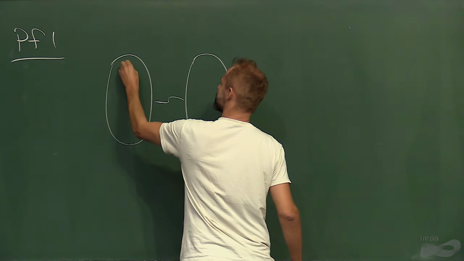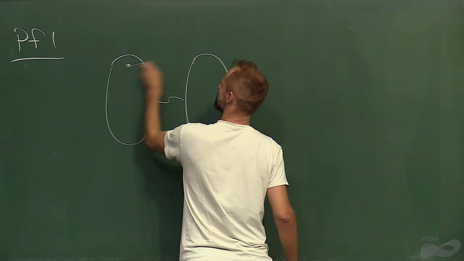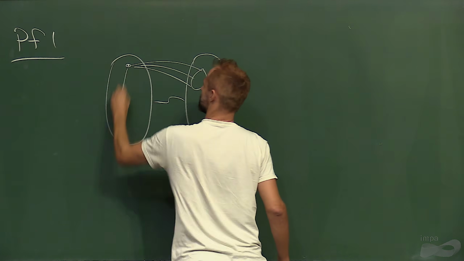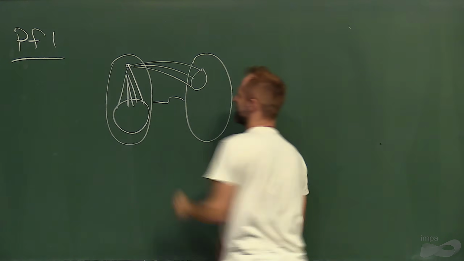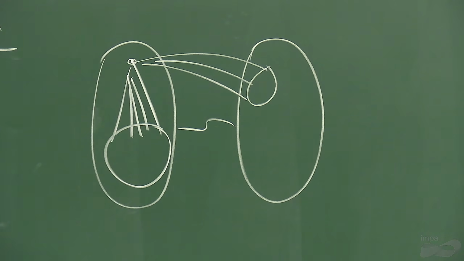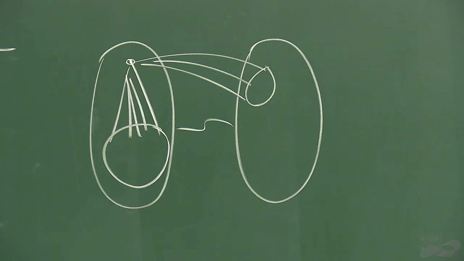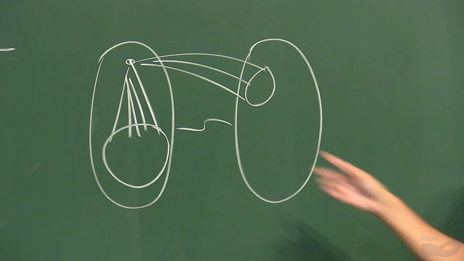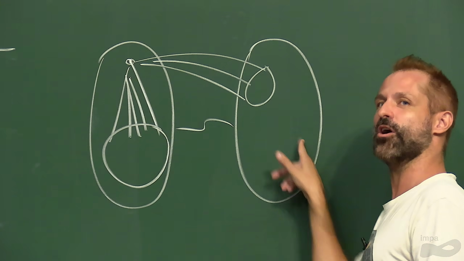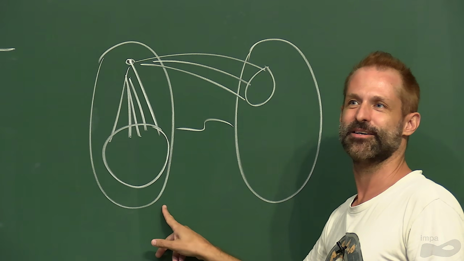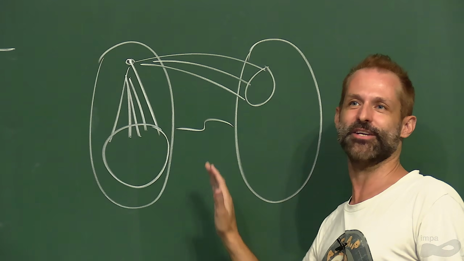And if you find a vertex that has more neighbors inside their part than across, well, if you move the vertex to the other side, you increase the number of edges in the bipartition. And if you just keep doing this, eventually it has to stop because you can't increase the number of edges forever. When you get to that point, then every vertex will have at least as many neighbors across as inside, and therefore you must have at least half the edges across.